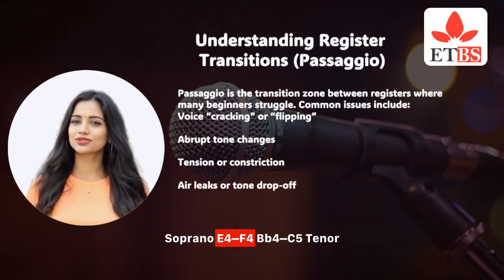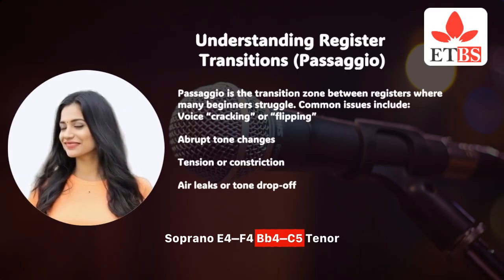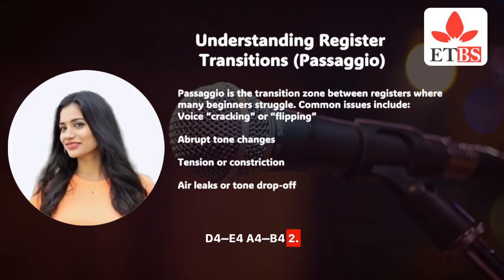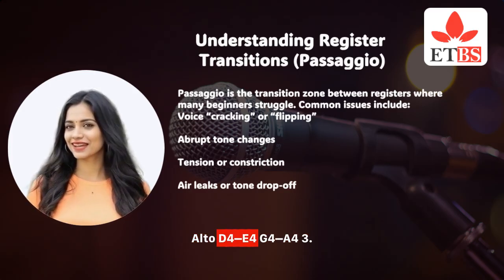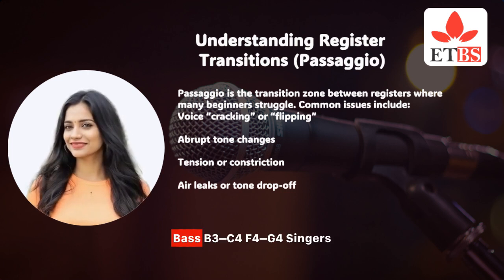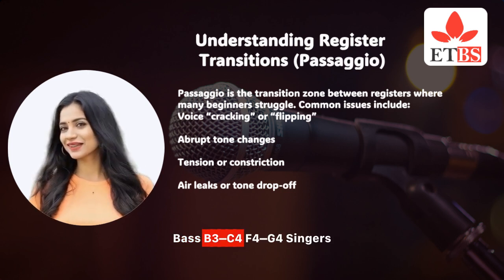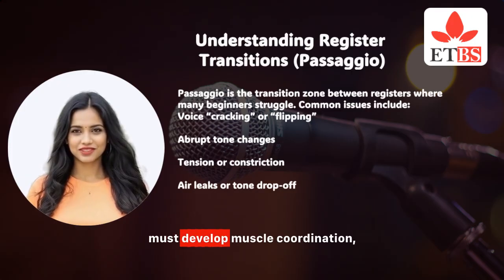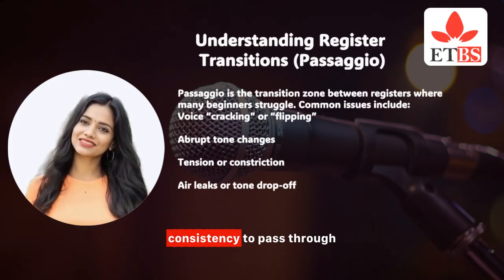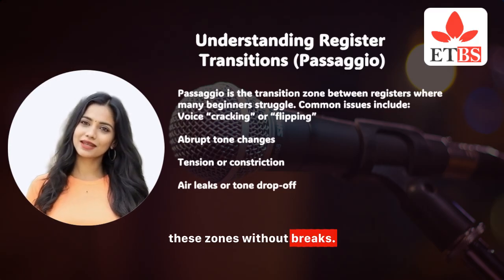Soprano: E4 to F4, Bb4 to C5. Tenor: D4 to E4, A4 to B4. Alto: D4 to E4, G4 to A4. Bass: B3 to C4, F4 to G4. Singers must develop muscle coordination, vowel modification, and tonal consistency to pass through these zones without breaks.